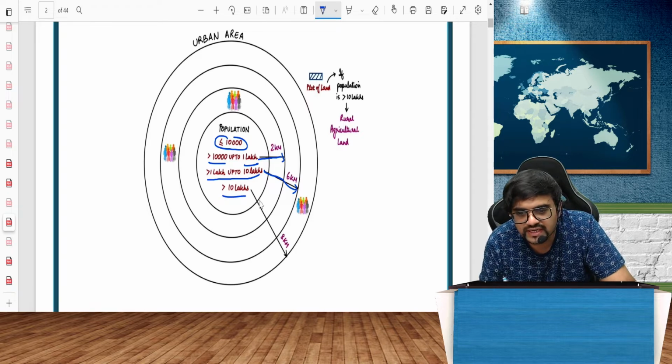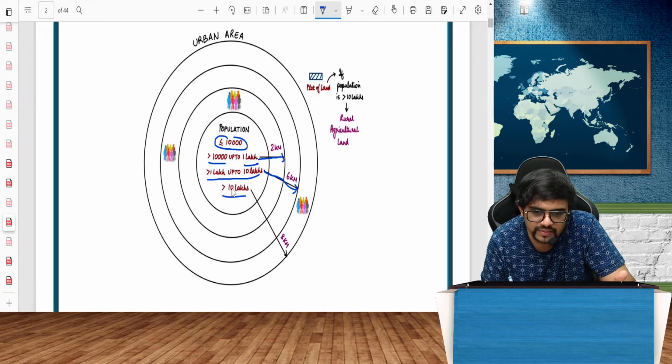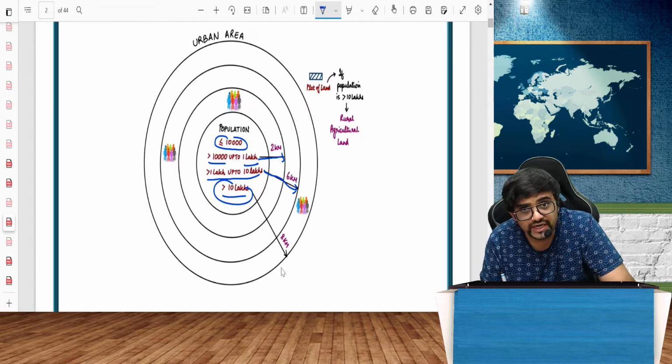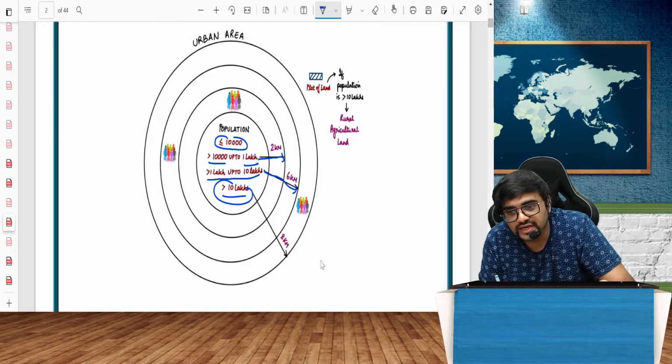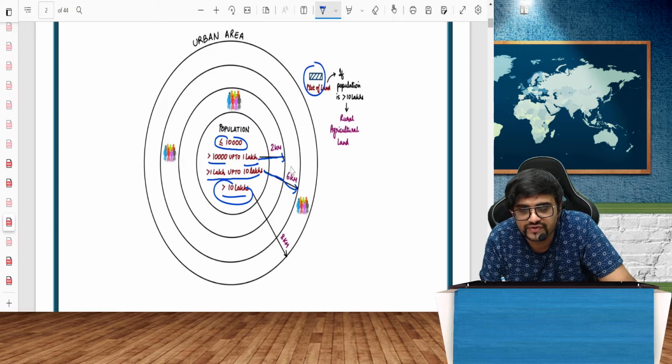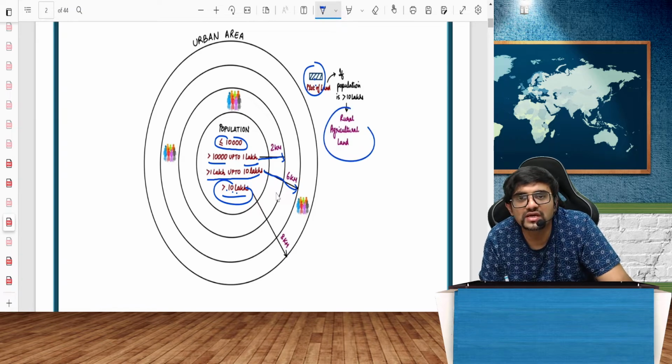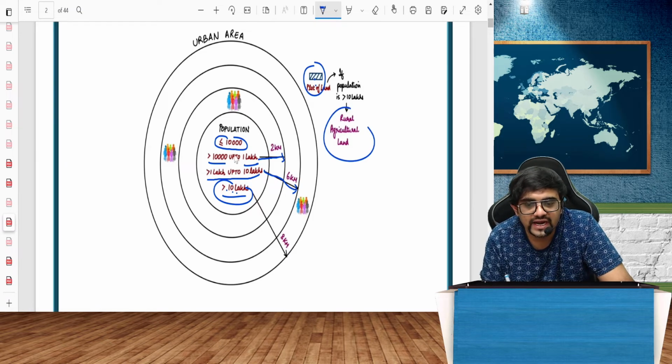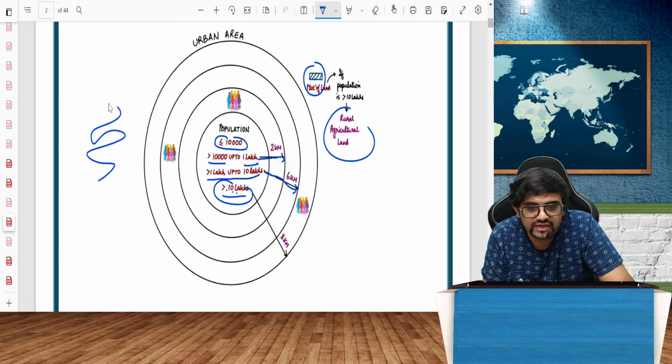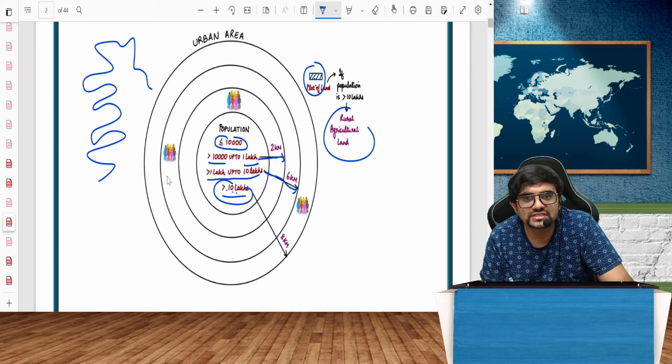Similarly, for more than 10 lakhs, it is 8 kilometers. Up to 8 kilometers, urban area. Beyond 8 kilometers, it is rural agricultural land.